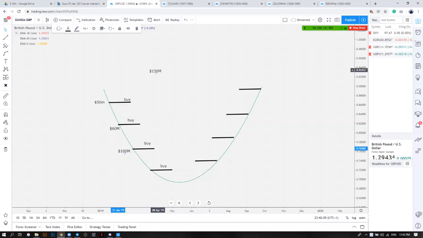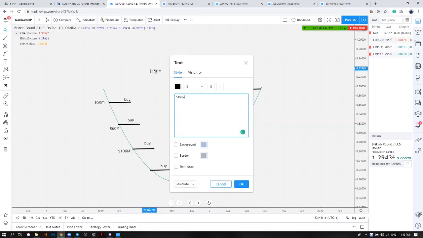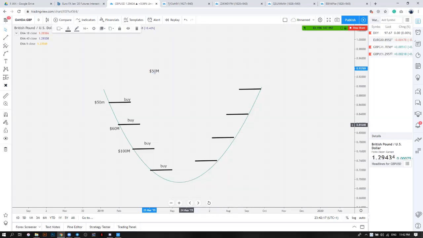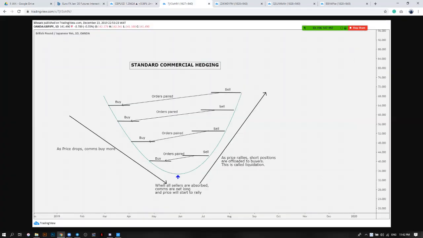Now what is actually left is $50 million. There's 50M left. What then happens is the last 50M from the sellers, they buy it up, meaning they absorb the last sales. If you look at the blue arrow at the bottom of the screen, you see when all sellers are absorbed.